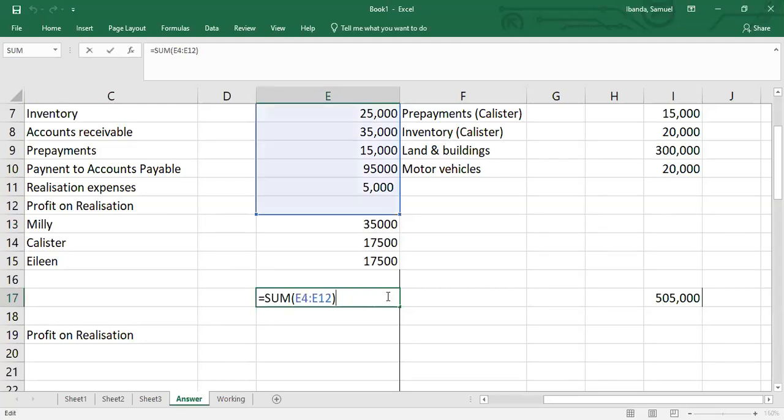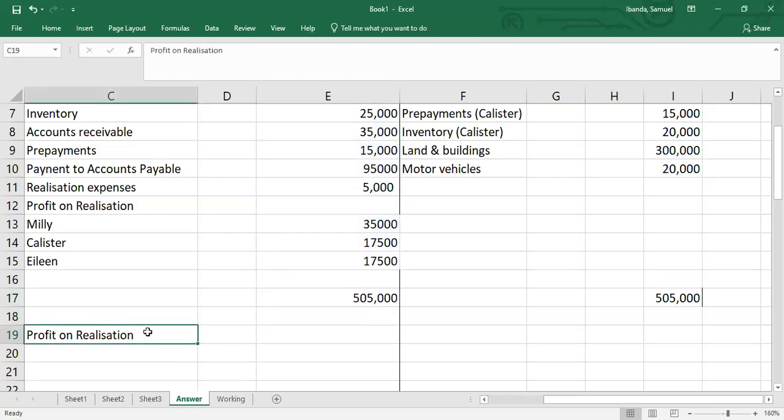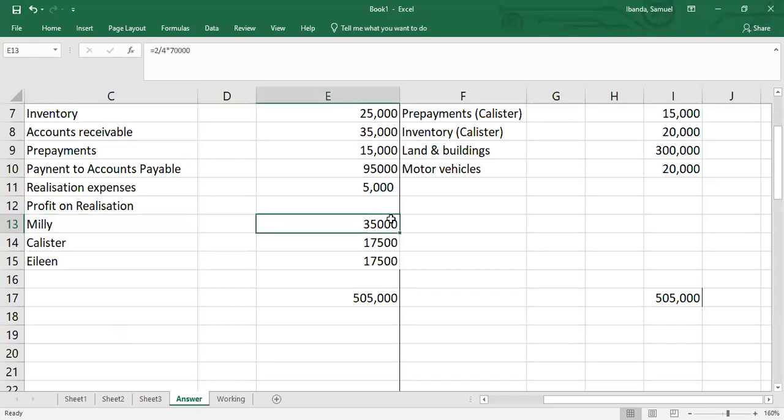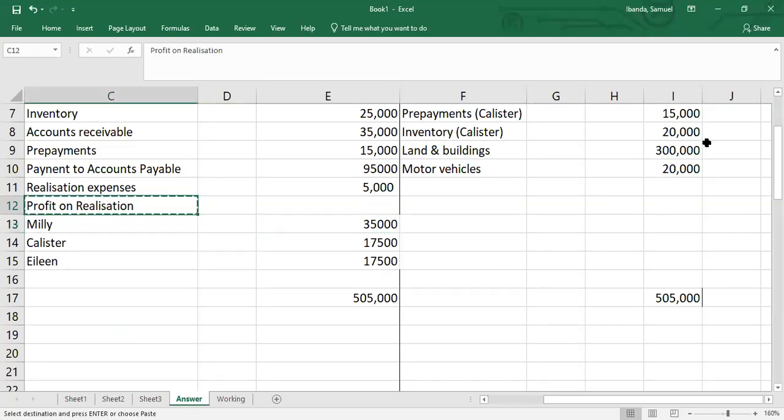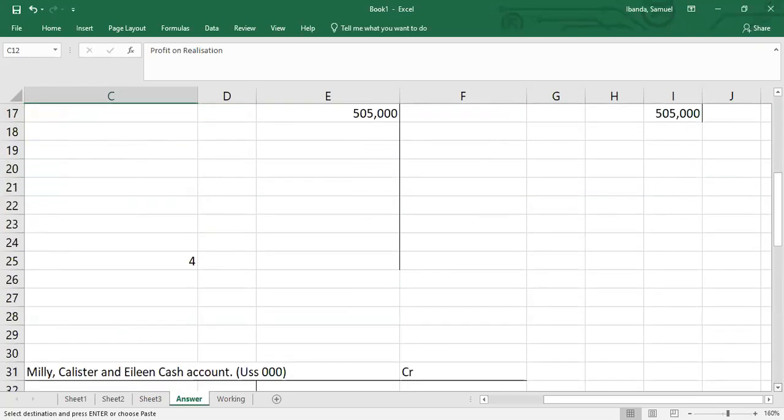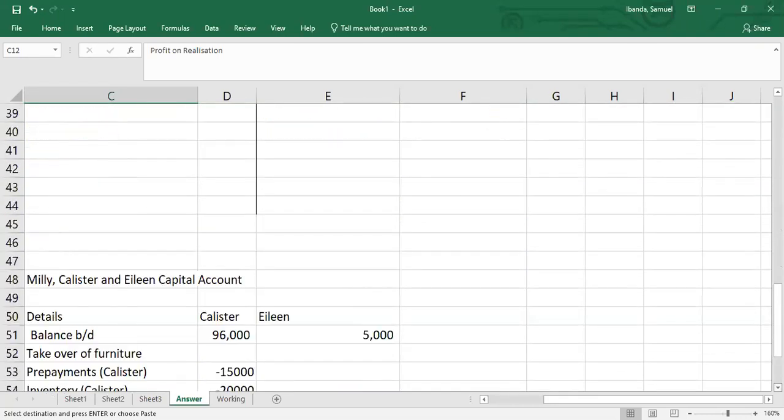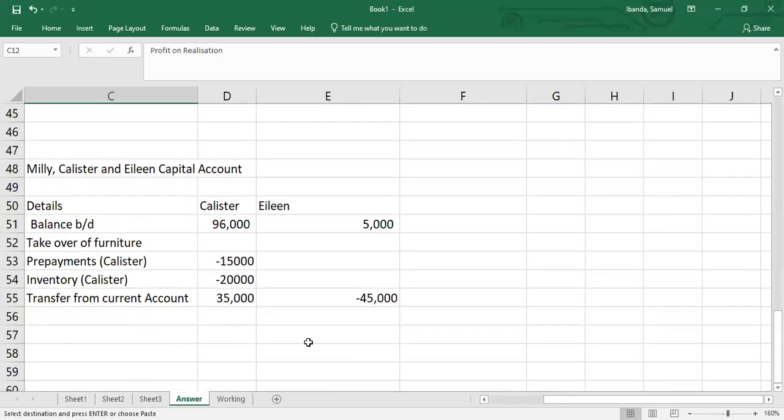In the same way, this is up to 15. That's how your account will look. Once you have these, you now transfer them into your profit account as profit on realization. So I'll come to my capital account and call this profit on realization.